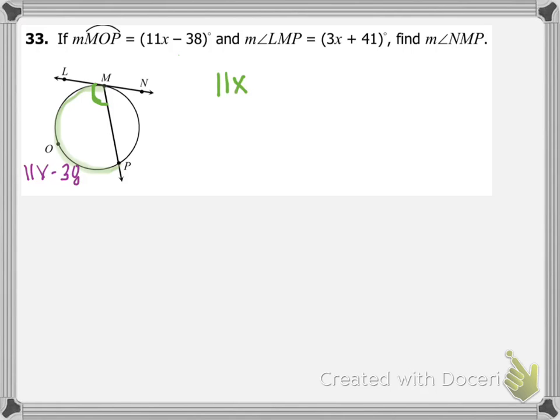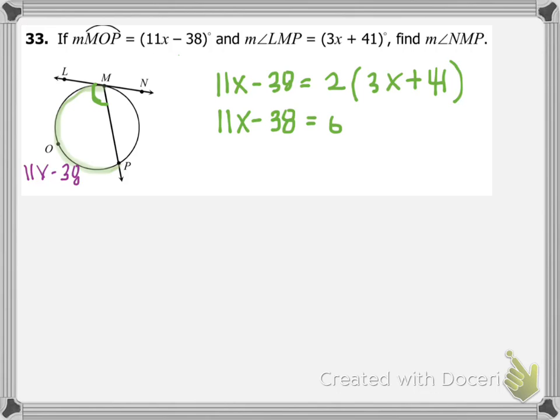So 11x minus 38 is going to be equal to 2 times 3x plus 41. So we'll have 11x minus 38 is equal to 6x plus 82. Subtract, so you'll get 5x is equal to 120, and x is going to be equal to 24.